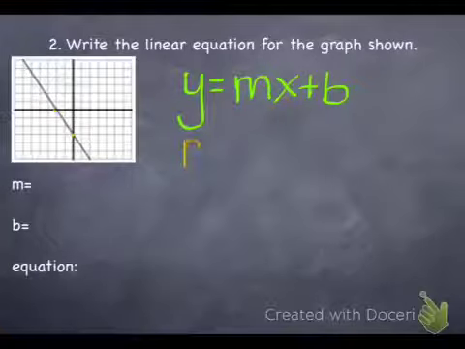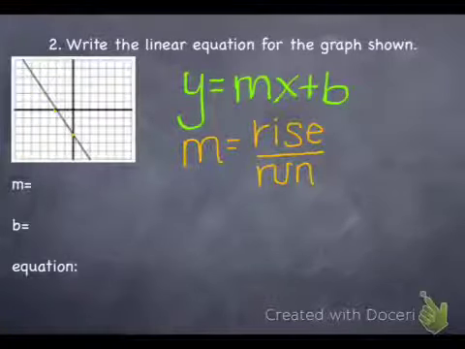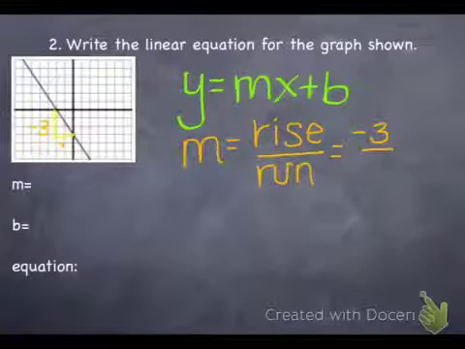So your slope is going to be a rise over run. And we are rising. We're not rising, we're actually falling. So our rise is -3, and our run is 2.